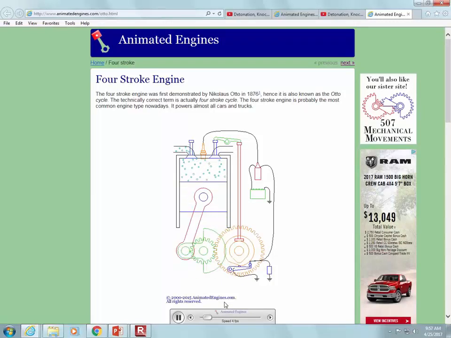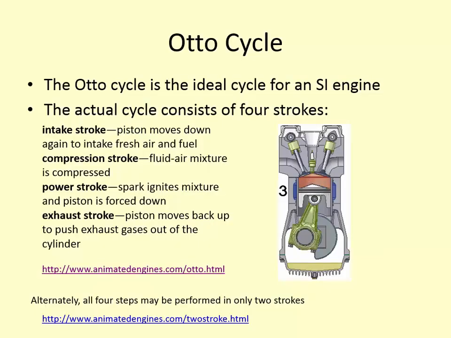Intake, compression, power stroke, exhaust. So the power stroke is every fourth stroke, okay? In a four-stroke engine, it's one of every 4 movements you're getting a power output. And you could just have this on and be mesmerized and watch it all day long. It's kind of fun to do that if you're bored, which I never am.